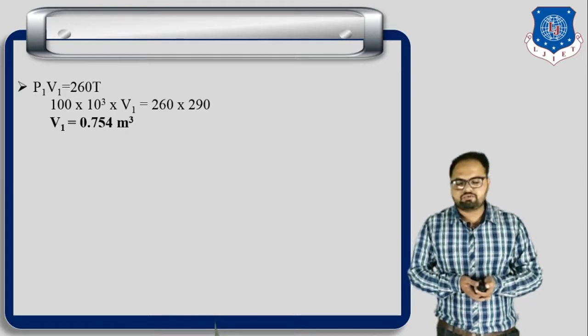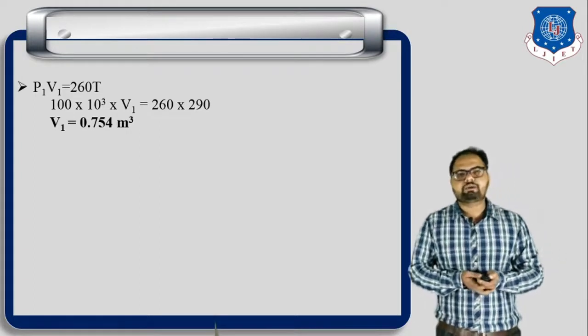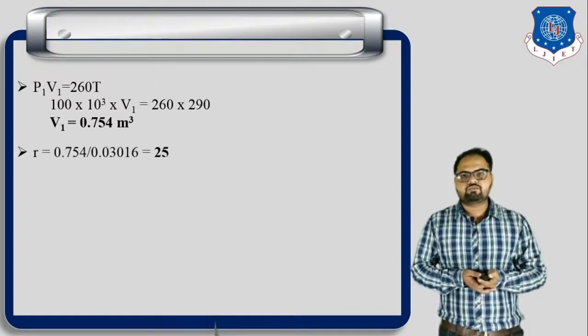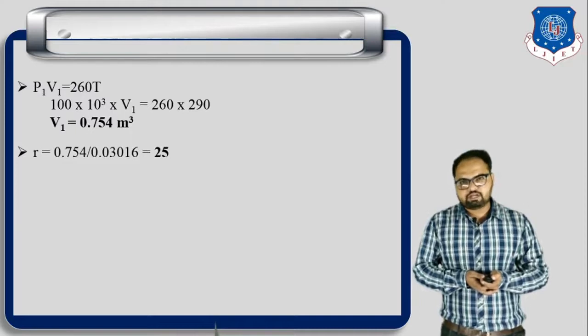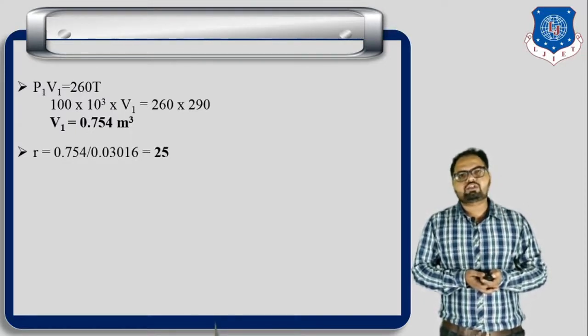We get volume V1 as 0.754 meter cube. By putting this value we get the compression ratio r as 0.754, that is V1, divided by V2, that is 0.03016. We get compression ratio r as 25.